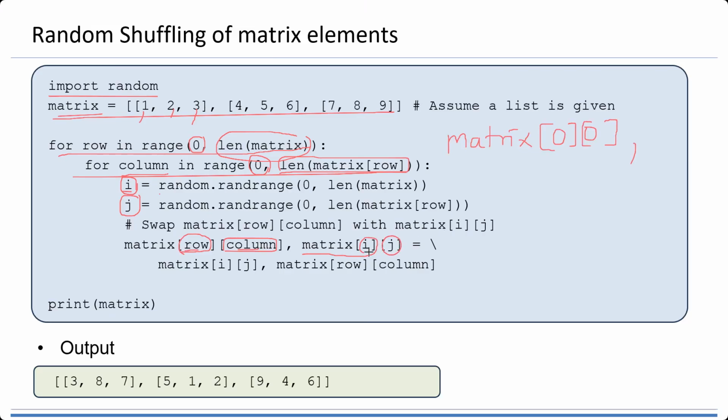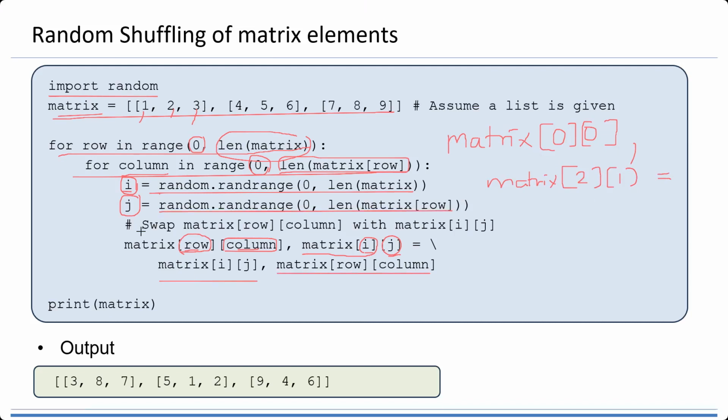And then matrix i and j. Matrix i and j means a random i, and j is also a random, then it can be any number. Let's say we have matrix 0, 0 and matrix 2, 1, for example. Then it will be equal to matrix i j, comma, matrix row column.